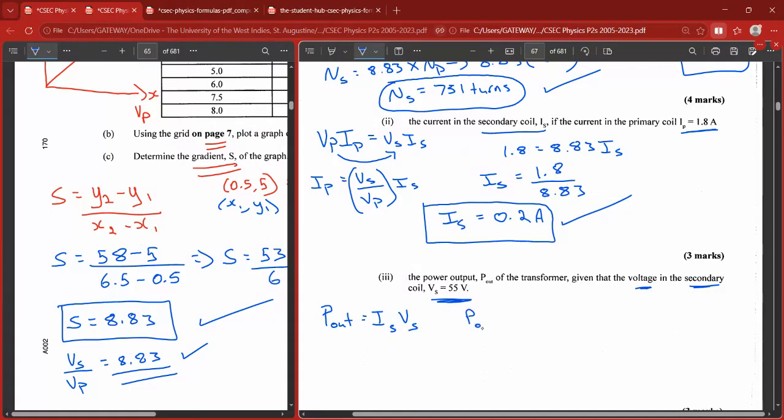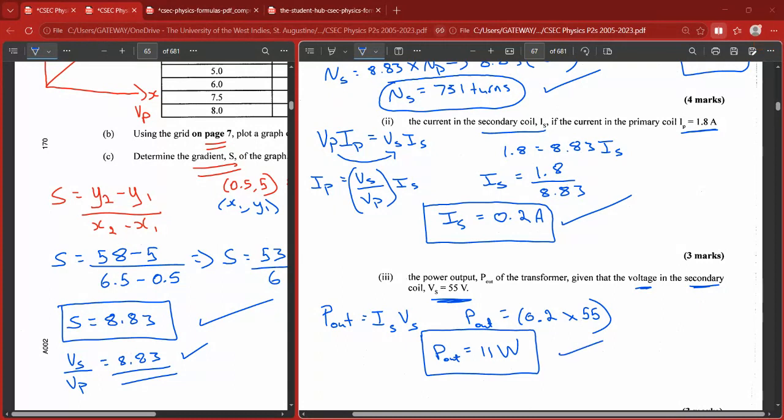So the power output would be equal to the current in the secondary, 0.2, multiplied by the voltage in the secondary, which is 55. So you're going to get power output is equal to 0.2 times 55, which is equal to 11. This is 11 watts. And that is my answer there. Understand this, right?